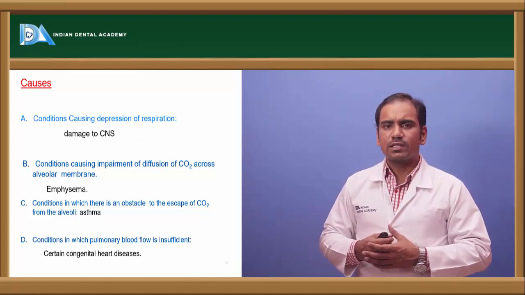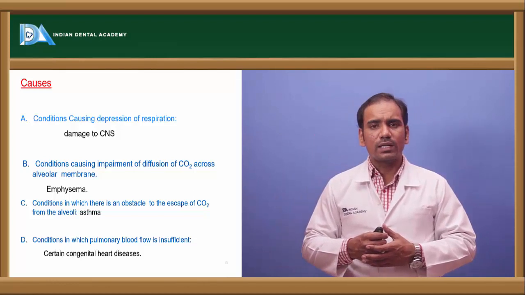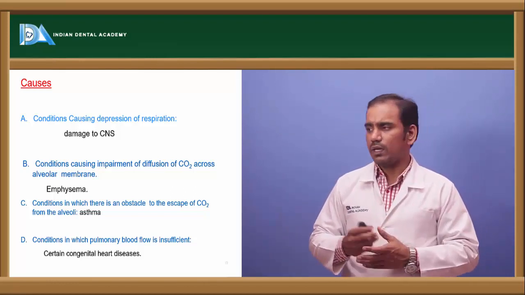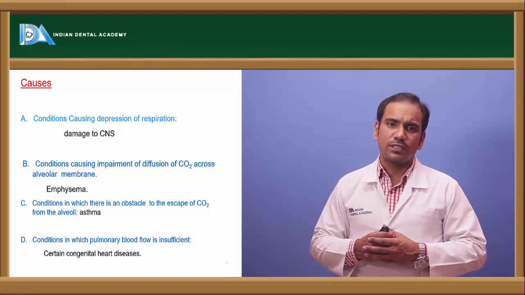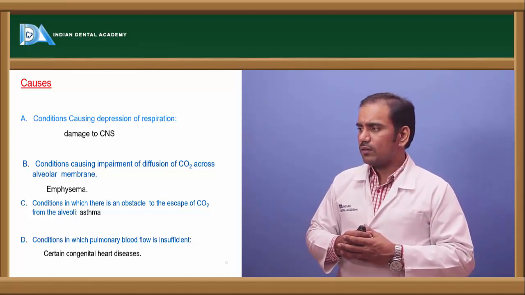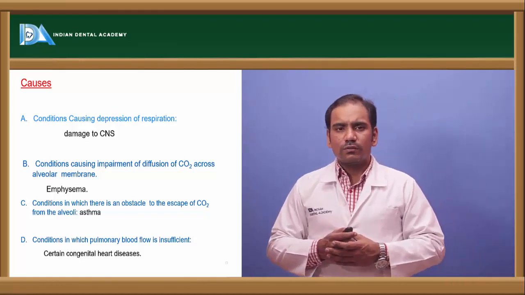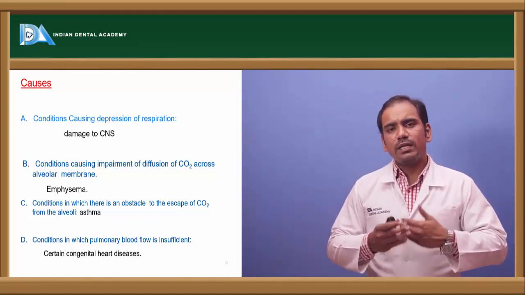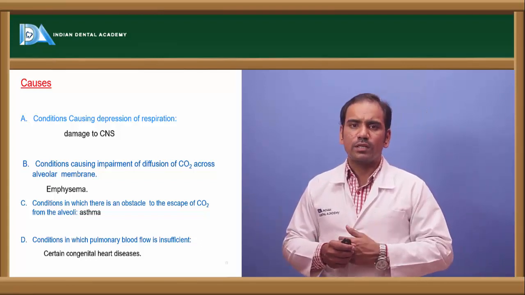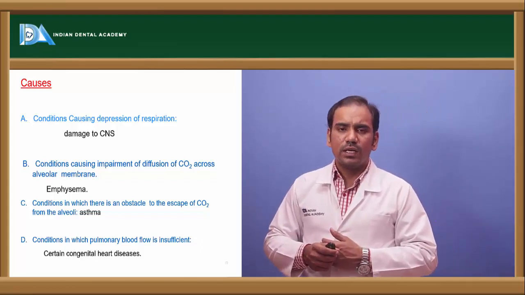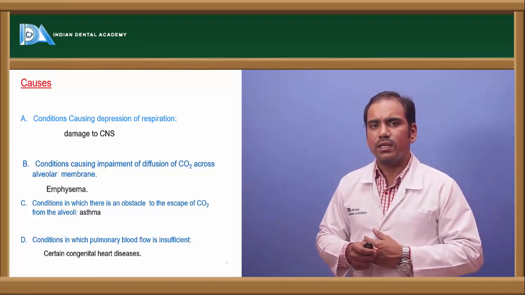What happens in asthma? Carbon dioxide cannot escape from the alveoli, so that leads to increased carbon dioxide concentration, and carbonic acid concentration will be more in the blood. Coming to impairment in the blood flow to the lungs, where pulmonary blood flow is impaired or insufficient, in those conditions also it leads to an excess amount of carbonic acid in the blood.